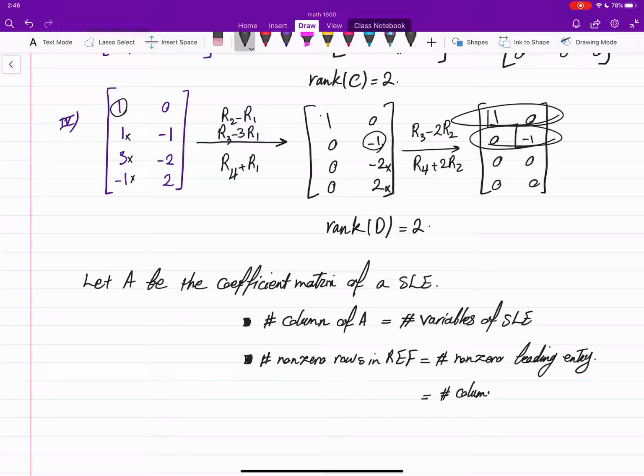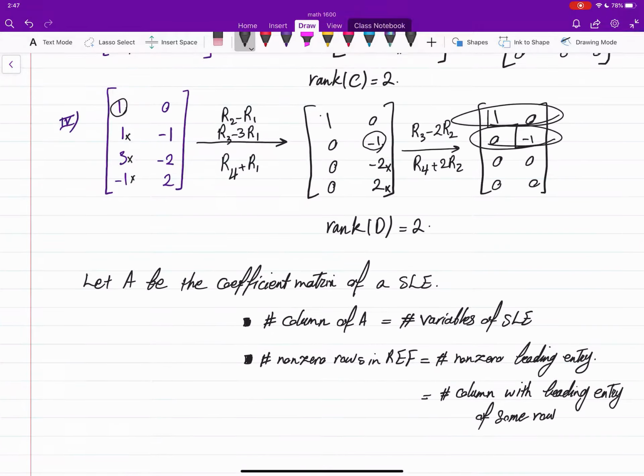Since in each column we can have only one leading entry, the number of columns with a leading entry of some row is going to be equal to the number of non-zero rows.